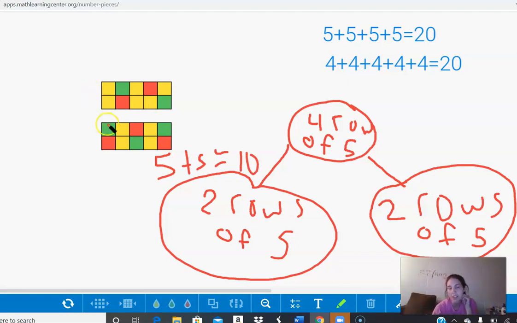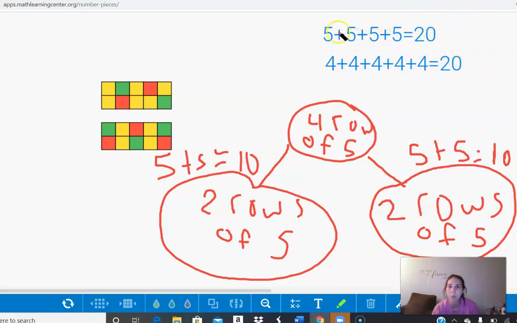And then how many are in this group? 5 plus 5 equals 10. And 10 plus 10 equals 20. So we get the same answer as we did up here.